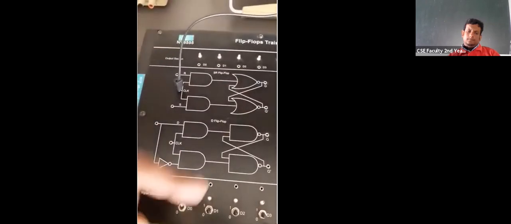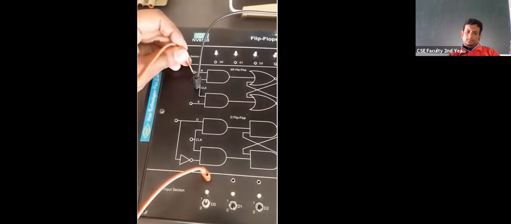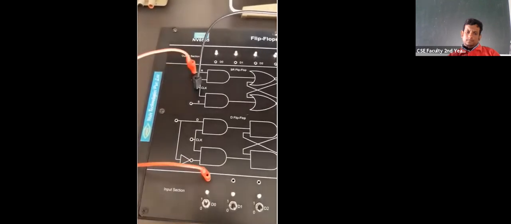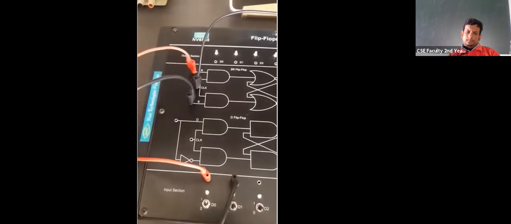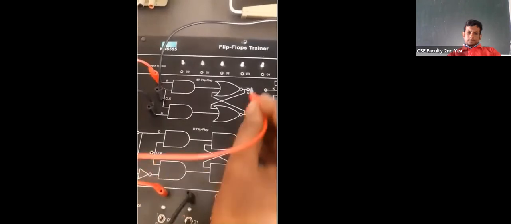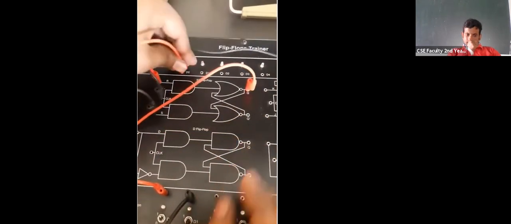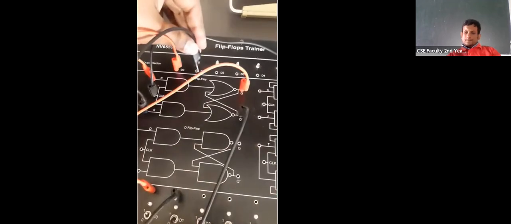But in case of the kit, it is already embedded inside the kit. Okay, and now we'll give the inputs, this is R, and this is S. We'll take the output from this terminal like Q. This will show Q, and this will show Q bar.